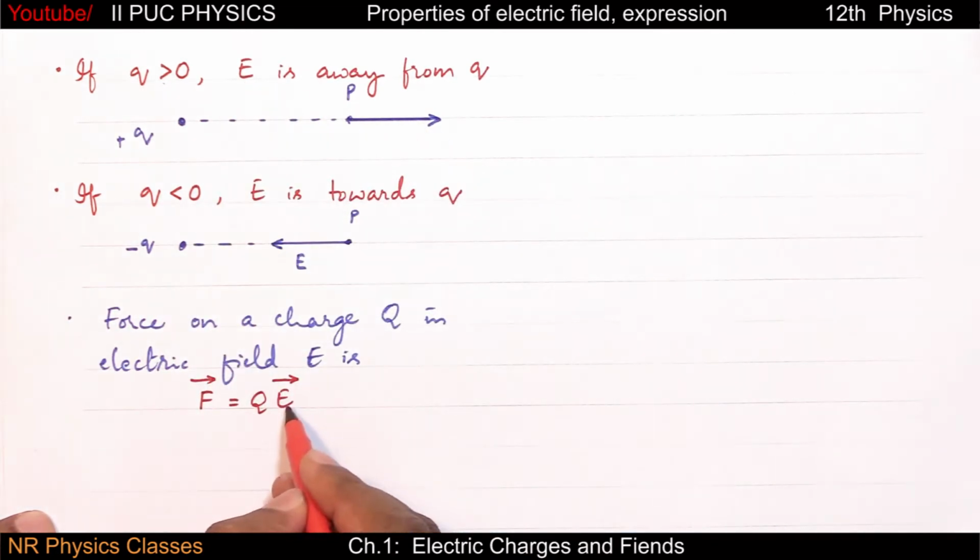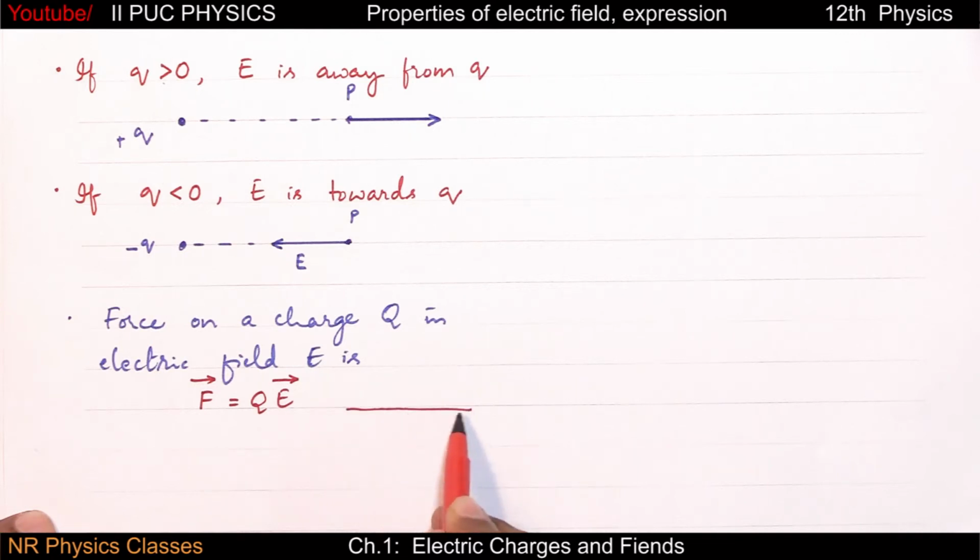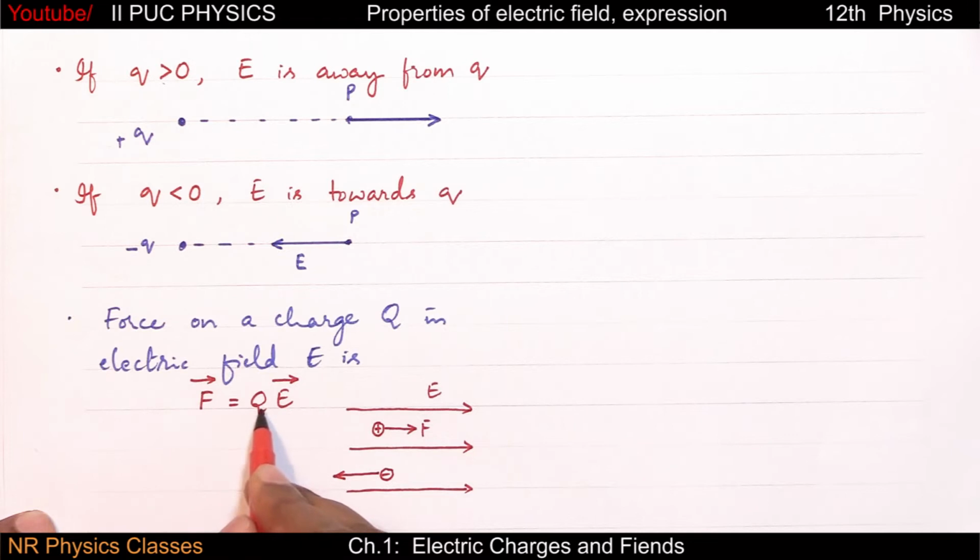Here we can say the direction of electric field gives the direction of force for a positive charge. If this is a uniform electric field E, and we keep a positive charge, this positive charge experiences force in the direction of the field. If this is a negative charge like an electron, then this charge experiences force opposite to the direction of electric field. So that is the meaning of F equal to Q into E.